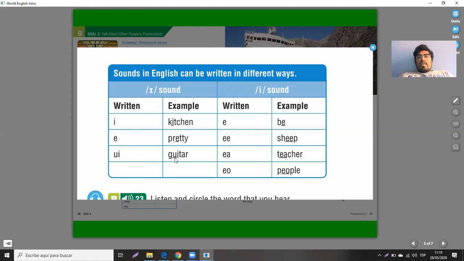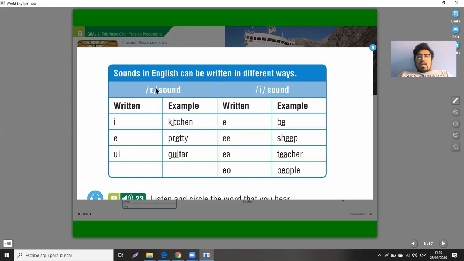UI, guitar. So you see, they are written in different ways, not the same, different. But the pronunciation is the same.